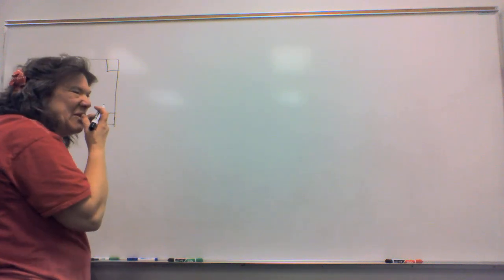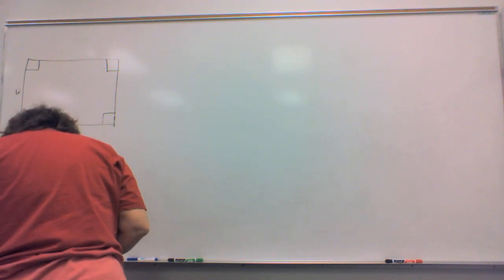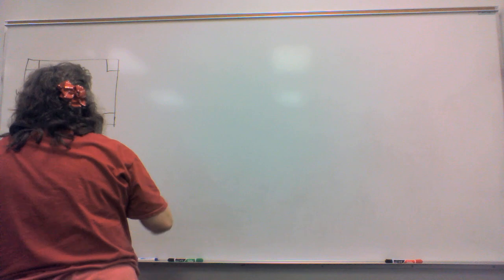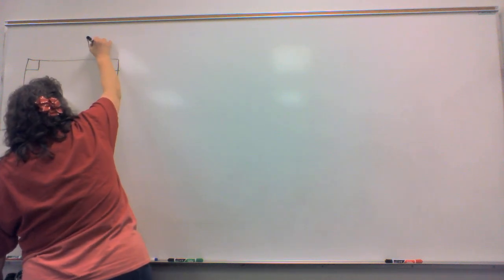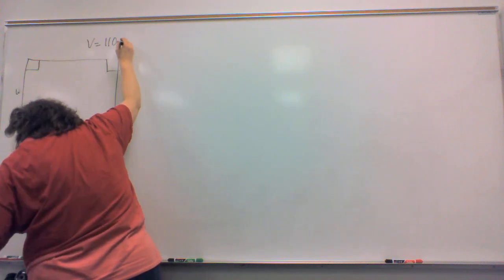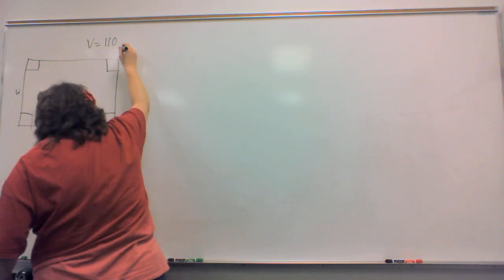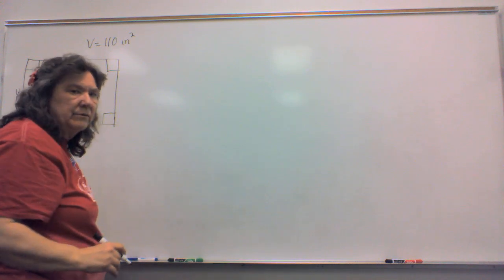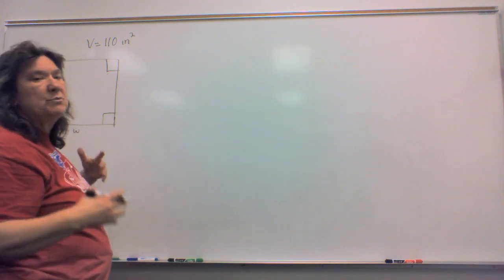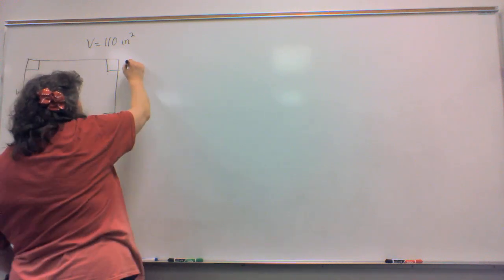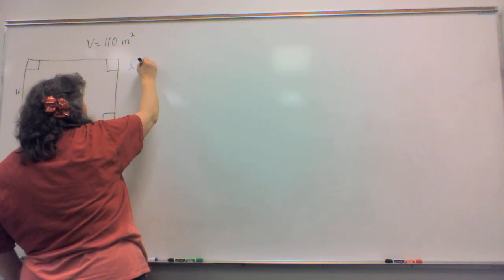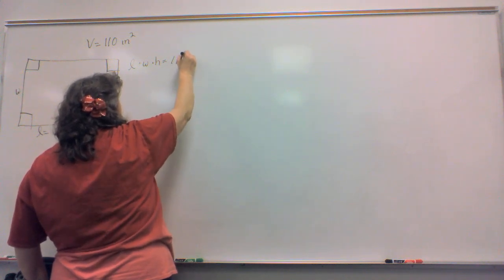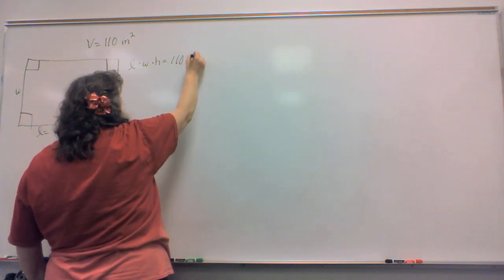So, what's going to happen on this box? It says if the volume of the box is equal to 110 cubic inches. Okay, so what has happened here? To have cubic inches, remember in volume, it's length times width times height is equal to our 110 cubic inches.